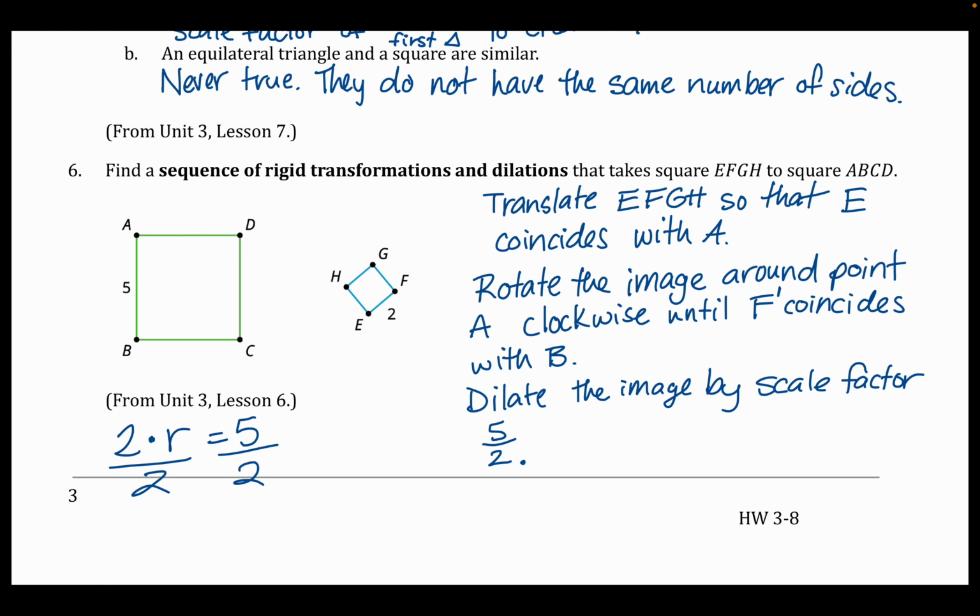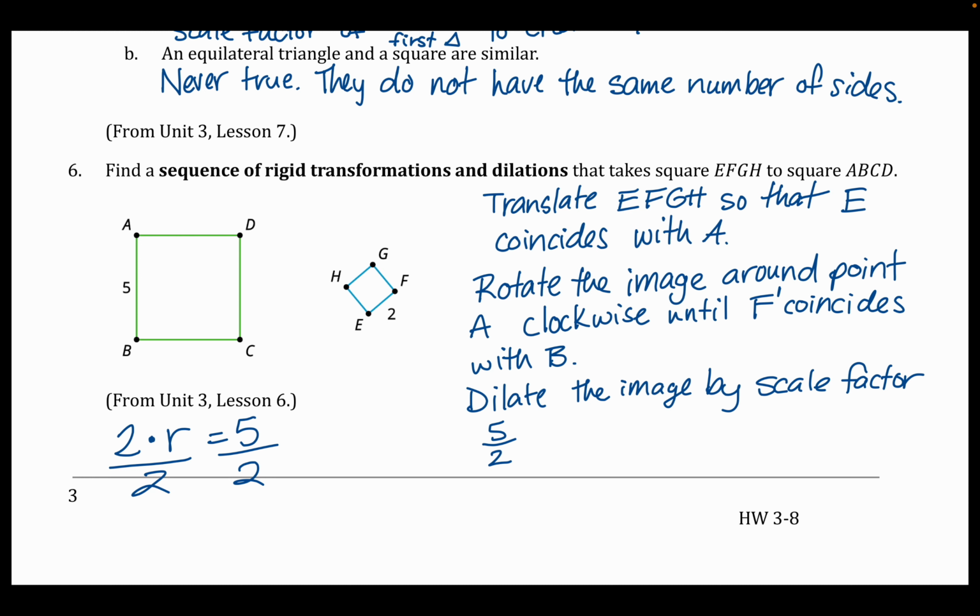Oh, and we want to use a center. We need to tell you what center we're going to use. Hmm, you know what? I actually made a mistake here as well.